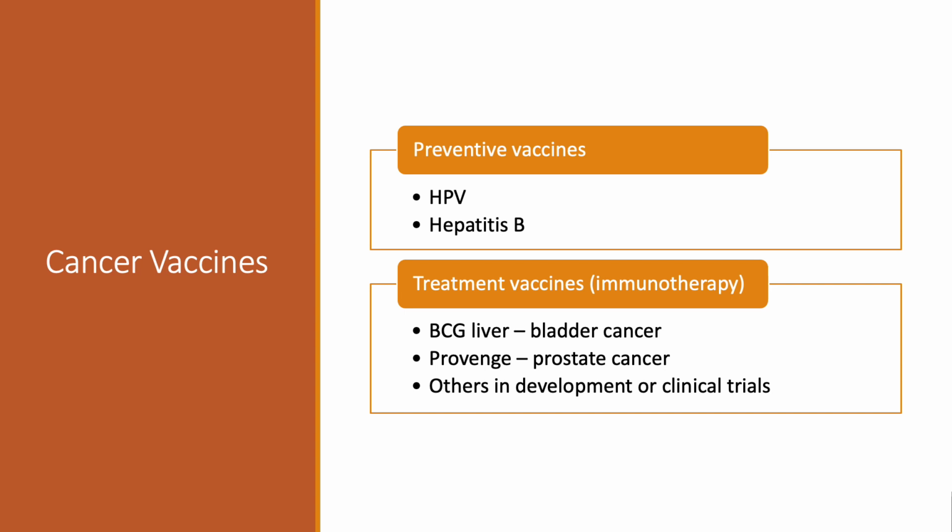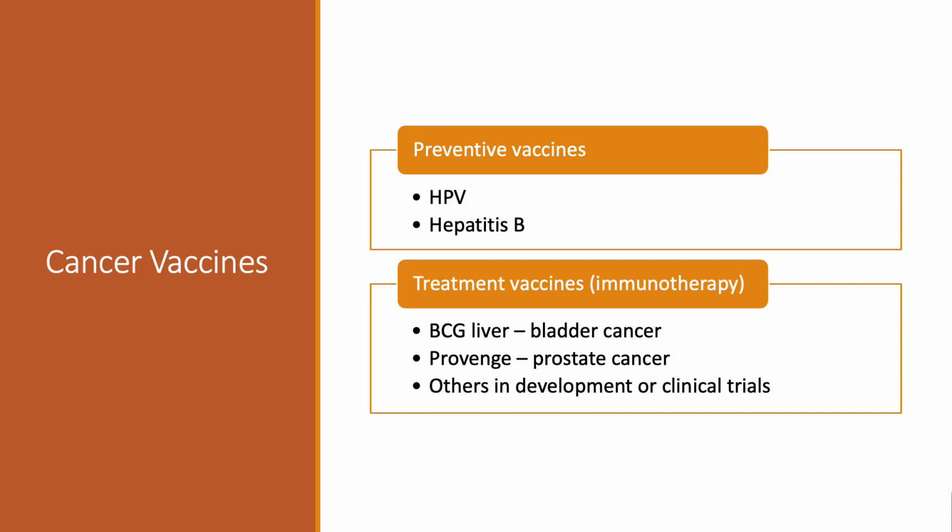There's the cancer vaccines. We also have treatment vaccines. So the BCG, Provenge, and there's other treatment vaccines or immunotherapy that is also being developed. So, for example, persistent infection with high-risk HPV, I should say, is associated with cervical cancer.